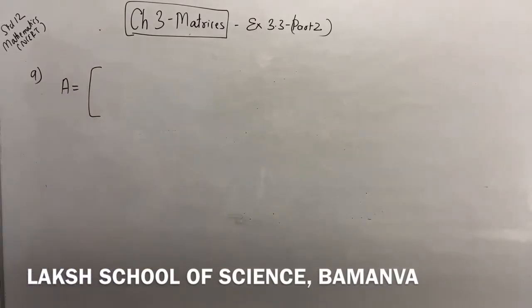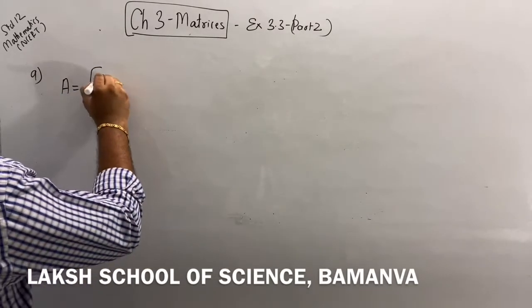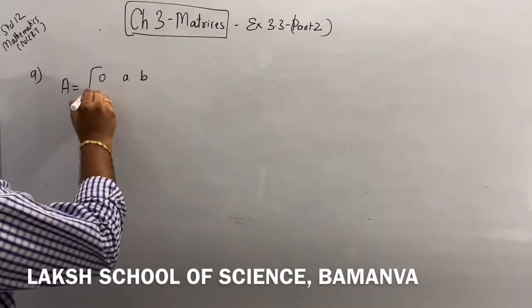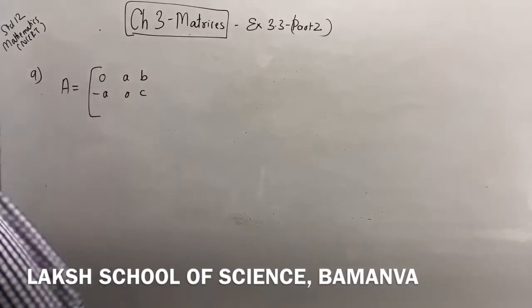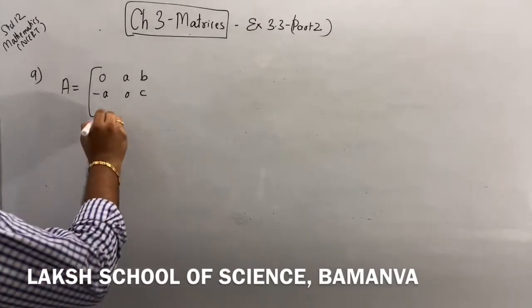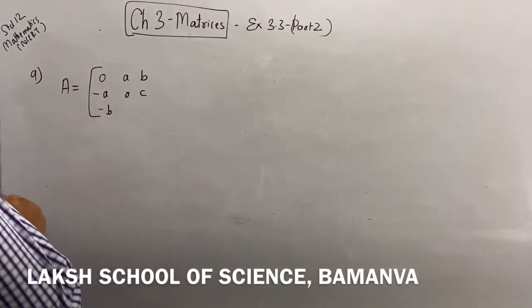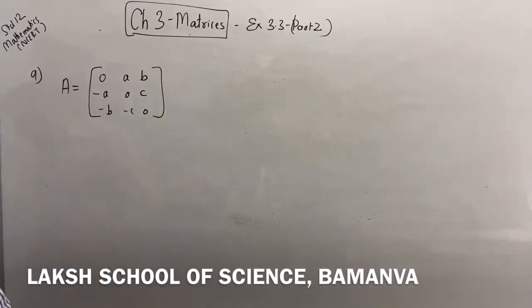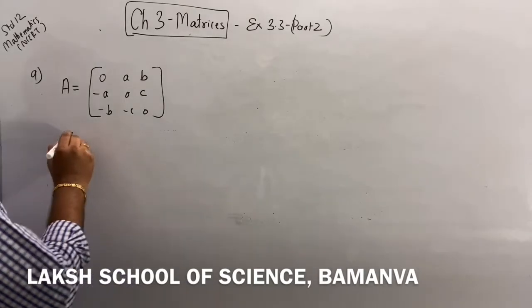Matrix A is 0 A B, minus A 0 C, and minus B minus C 0. And you have to find out half A plus A transpose and half A minus A transpose.